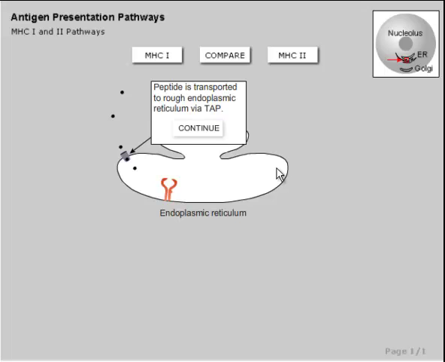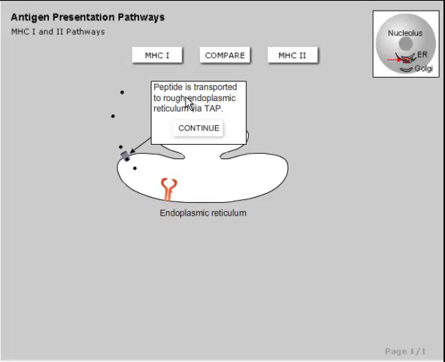In immune cells, like the natural killer cells or the macrophages or the dendritic cells from the innate immune response, they have the major histocompatibility complex proteins that are embedded inside the membrane of the endoplasmic reticulum.